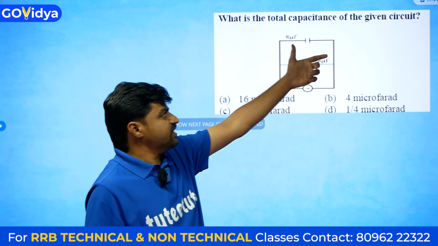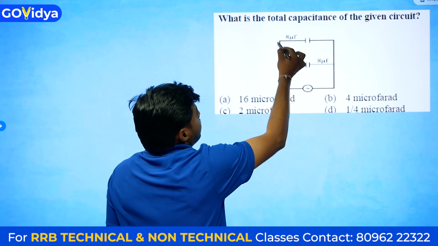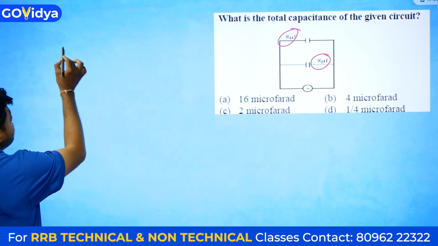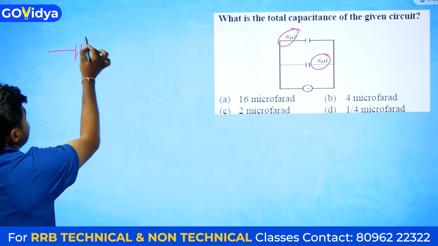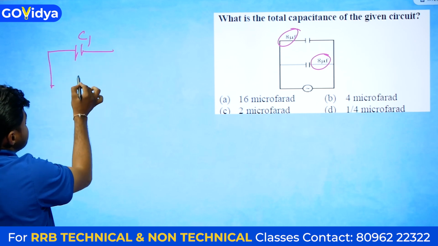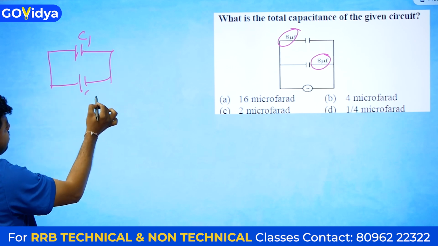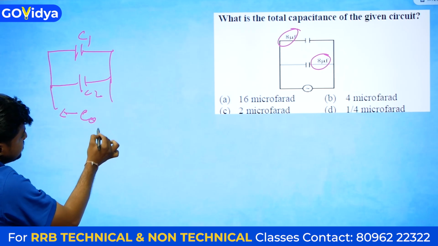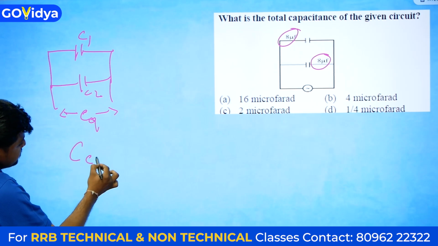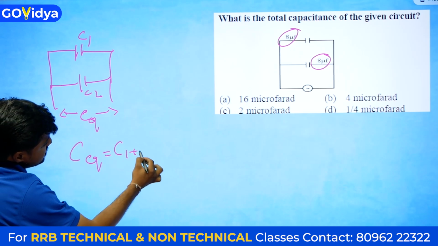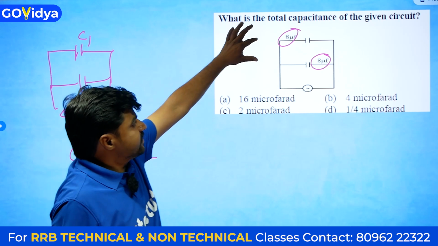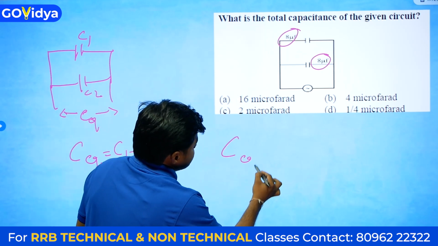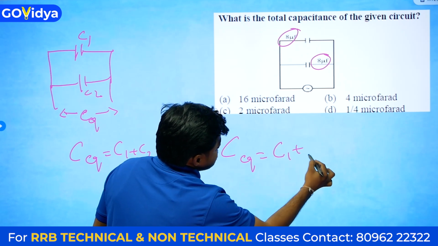What is the total capacitance of the given circuit? Okay, here 8 microfarad and here 8 microfarad are connected in parallel. Okay, if two capacitors C1 and C2 are connected in parallel, C equivalent is equal to C1 plus C2.